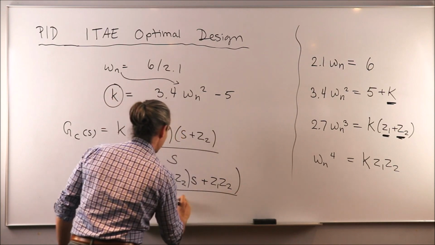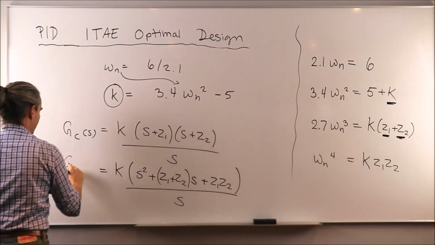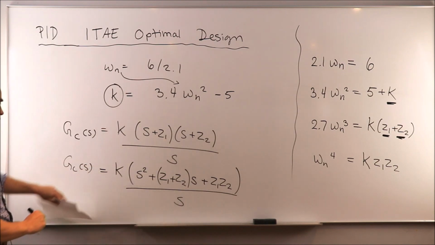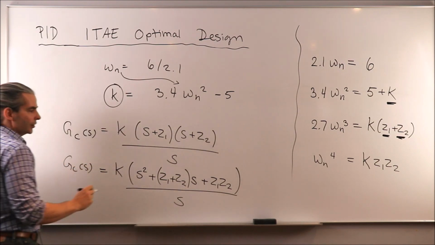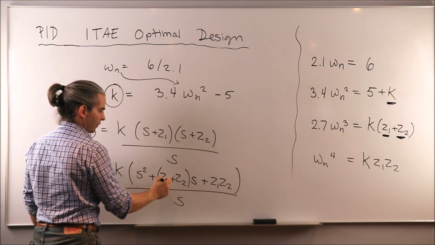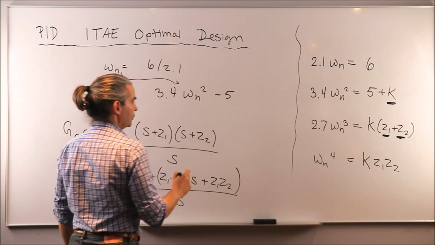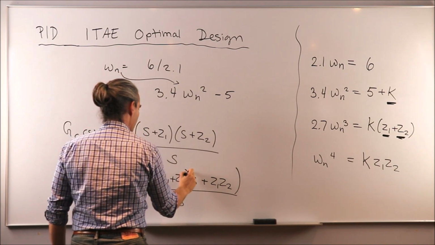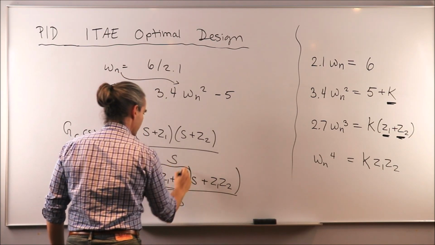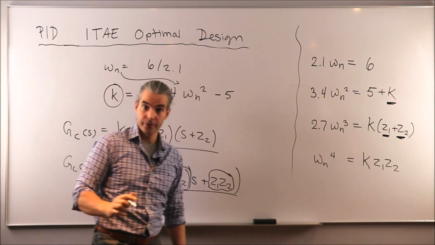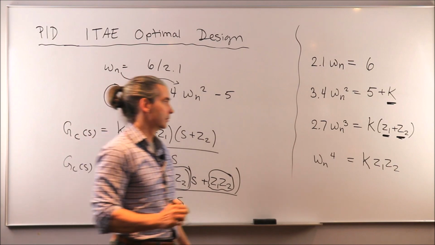So as you see, in order to implement this PID control transfer function, you don't need to know the value of z1 and the value of z2 independently, because if you can find z1 plus z2 as one unknown and z1 times z2 as another unknown, then you're good to go, correct?